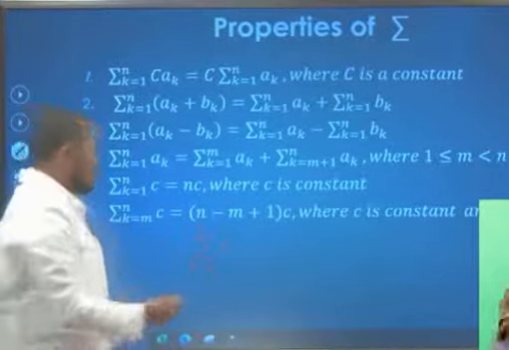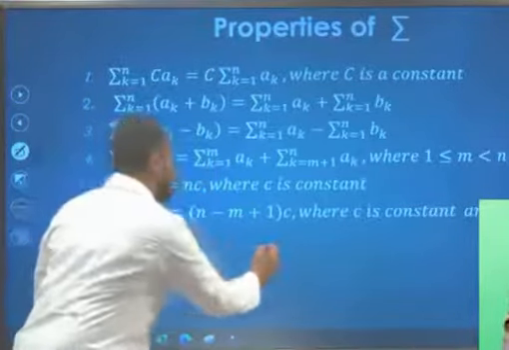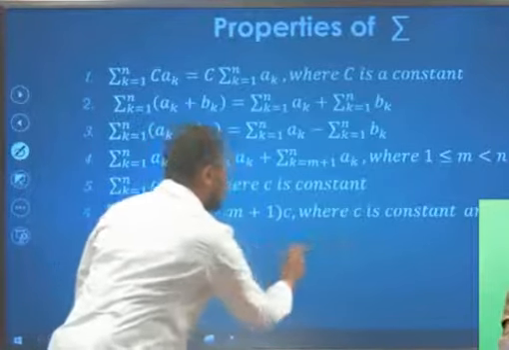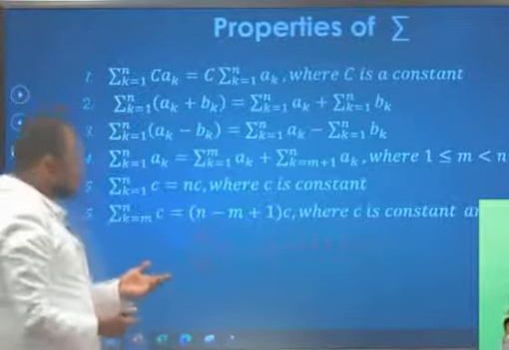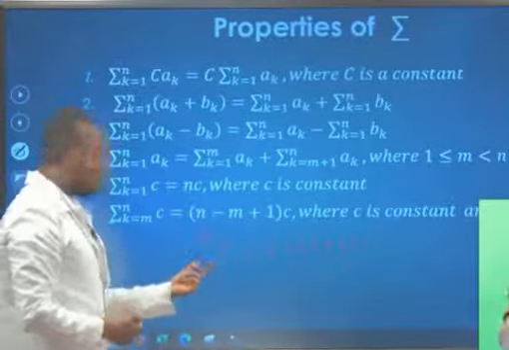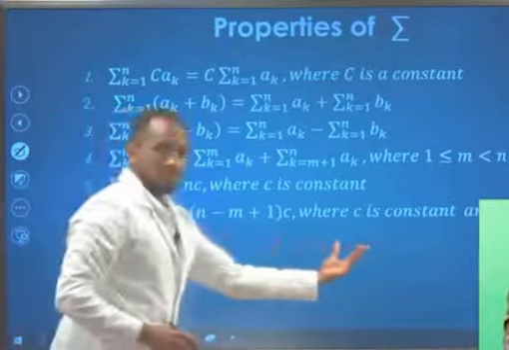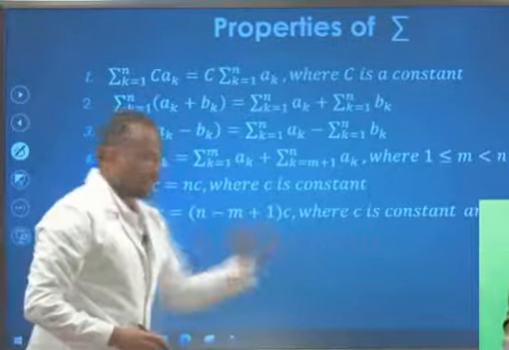If you write starting from the first term, we have 1, 2, 3, 4, 5 c's. But in this case the first term is not included, so we have 4 terms. So simply it is 4c in this case.